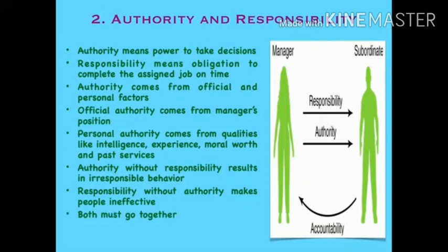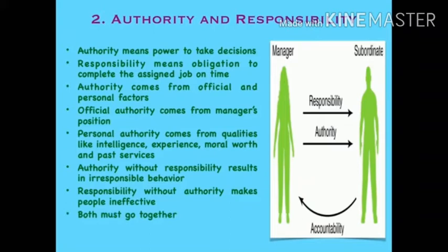Okay, so these two should go together. There should be no difference between these two. Authority should be given to a subordinate by the manager, and responsibility should also be given at the same time to a subordinate by the manager. If these two terms go together, then there will be a balanced environment.